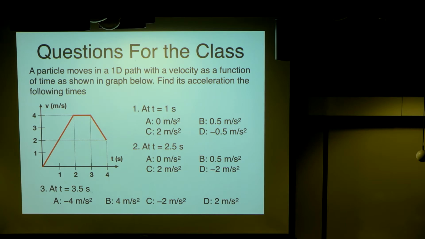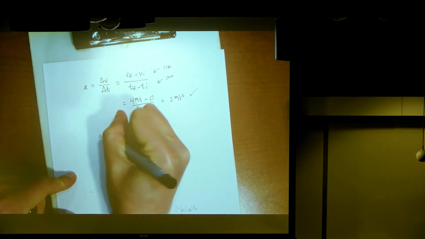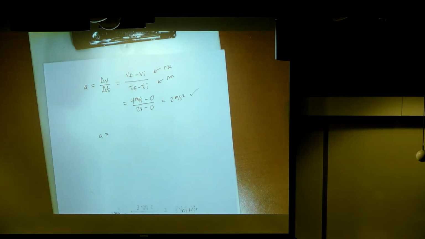-2. So first of all, we can rule out any positive answers because clearly the velocity is trending down. So this would be a negative acceleration. And if we want to just calculate real quick what that acceleration is, remember we're just doing v final minus v initial divided by t final minus t initial.